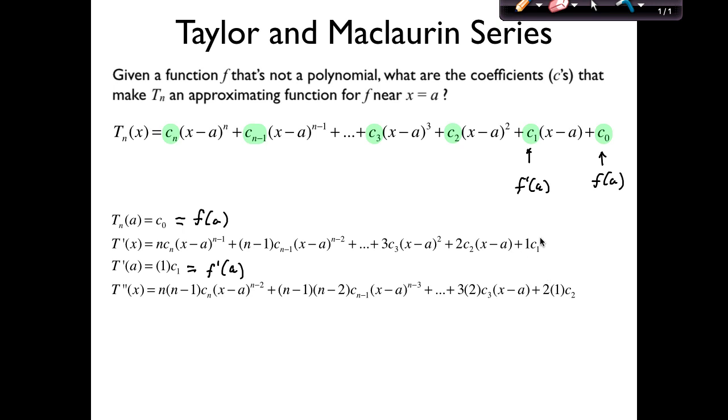The 1c1 goes away, and we get 2c2. So that means the second derivative at a is 2 times 1 times c2.